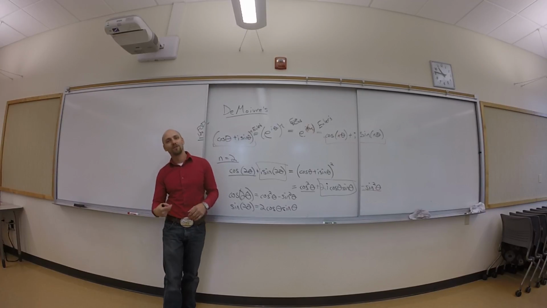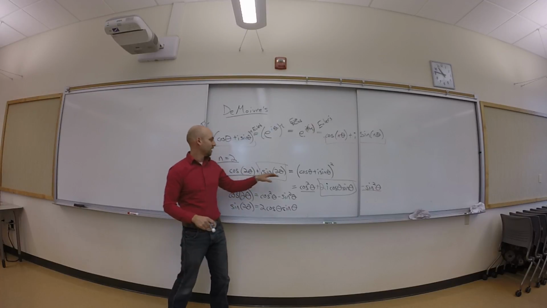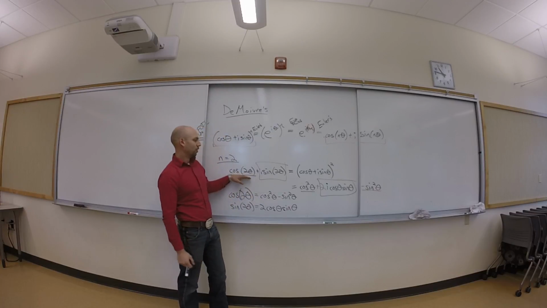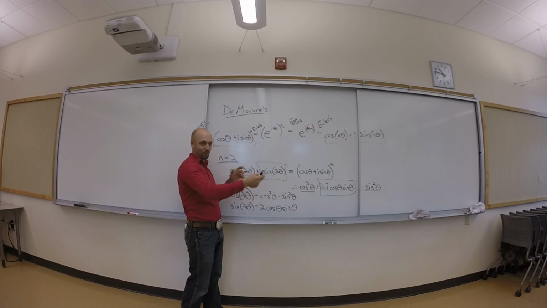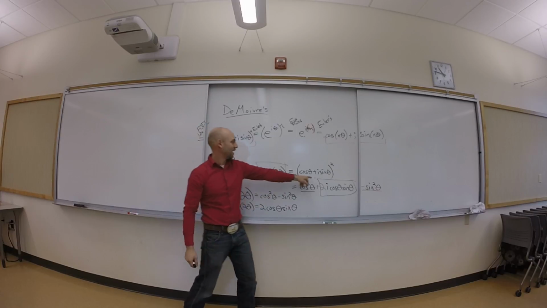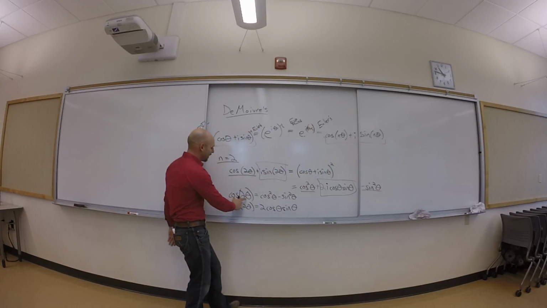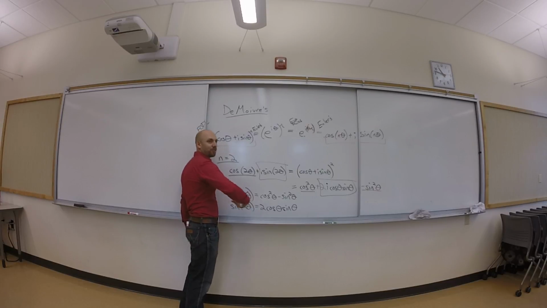If you did de Moivre's with n is 17, what are you going to get? Same thing. Yeah, some kind of horrible, nasty thing, right? But you'll take the real bit and the imaginary bit and stick them together. So you'll just go through and underline everything that doesn't have an I after you take this thing to the 17th power. And what you're going to get out of it at the end is a formula that says the cosine of 17 theta equals stuff.